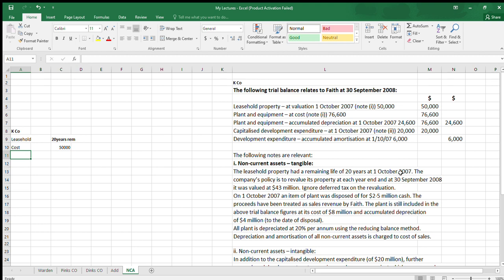The company's policy is to revalue its property at each year end, and at 30th September 2008 it was valued at 43 million. Ignore the taxation on revaluation, right? So we need to depreciate it to 2008 before we revalue it.